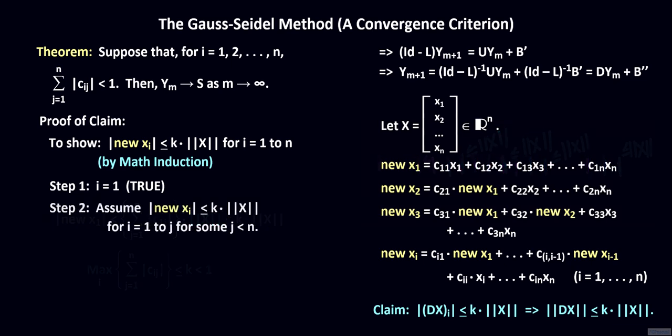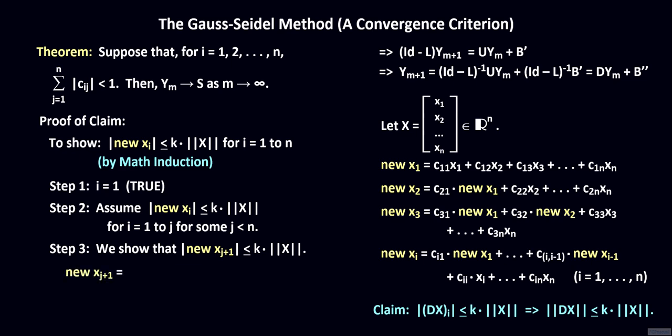We now assume that the absolute value of the new x sub i is less than or equal to k times the norm of x for i equals 1 to j, for some j greater than or equal to 1 and less than n. We are going to show that the absolute value of the new x sub j plus 1 is less than or equal to k times the norm of x.